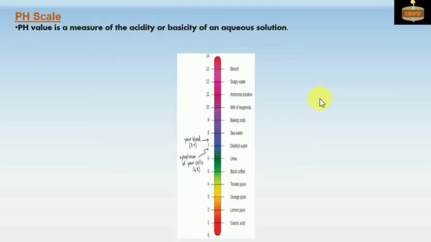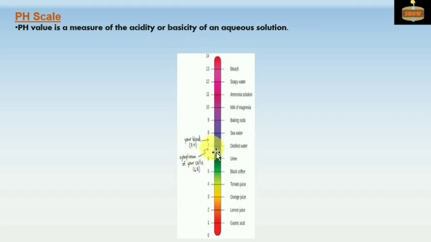So how do we measure whether something is acidic or basic? There is a scale popularly known as the pH scale, and the pH value is a measure of the acidity or basicity of an aqueous solution. You can see this example, and it is very important from an exam point of view. Here it is 7.4 for blood. What exactly is this number?